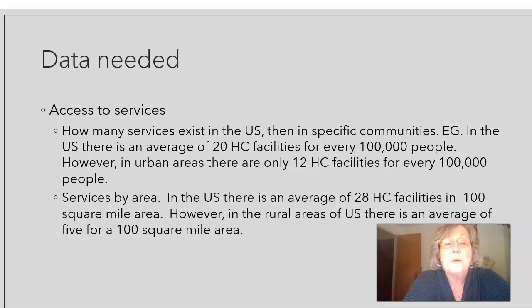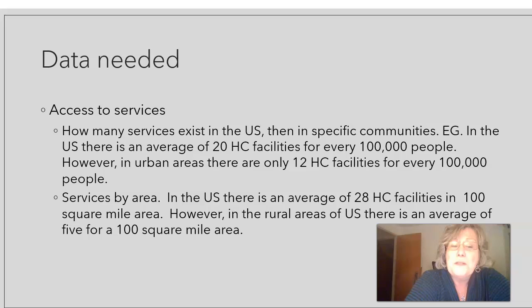So for example, you could say in the United States, there are 20 healthcare facilities for every 100,000 people. However, in urban areas, there are only 12 healthcare facilities for every 100,000 people. Again, the numbers are very clear that there's an access issue.